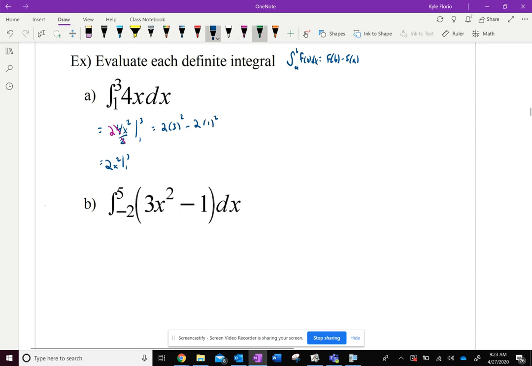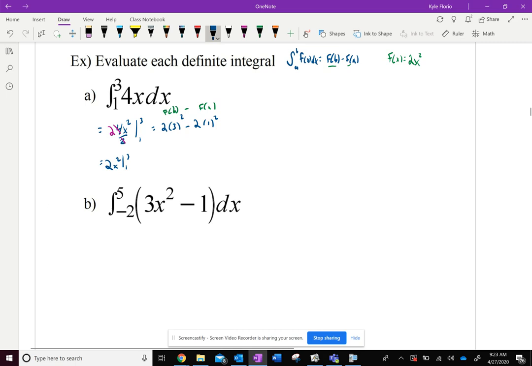This is just f of b minus f of a. And I guess I'll tell you, in this case, f of x would be 2x squared.